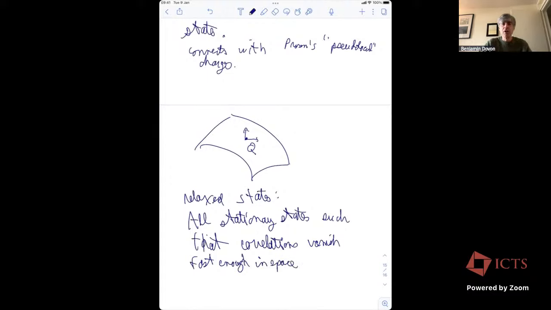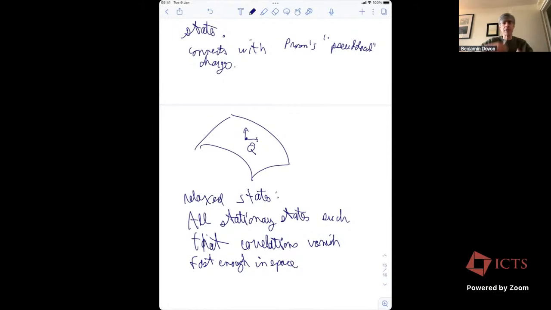In other words, local observables at different points in space, which are far apart from each other, are not correlated. Now, there are states where these are correlated, but physically, it's natural that when the state has relaxed, things decorrelate.